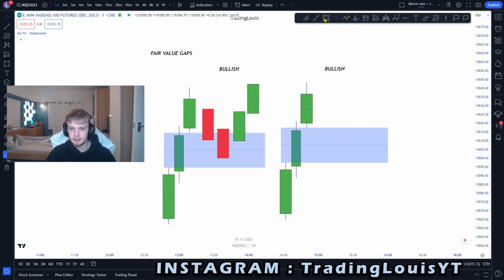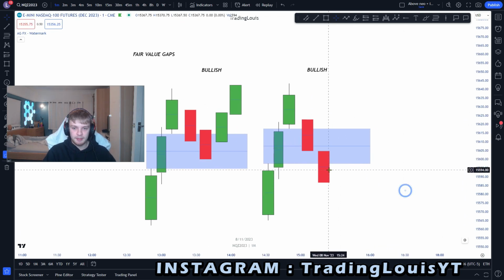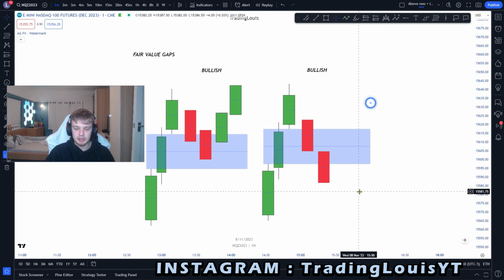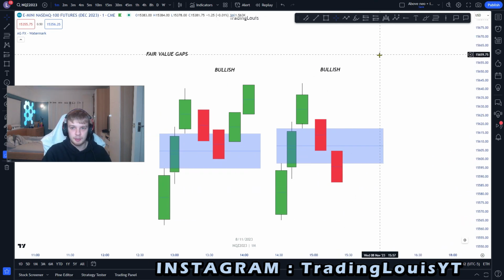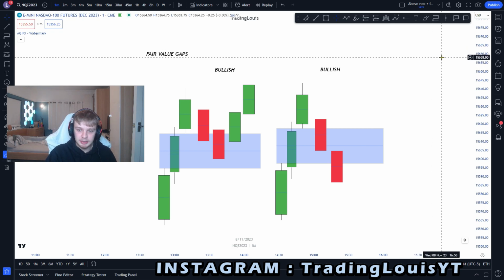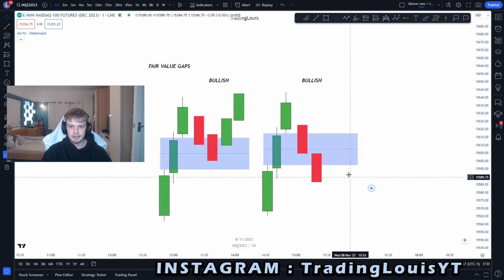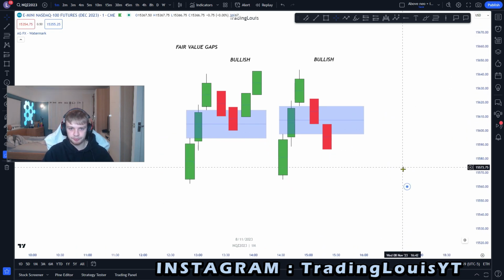Now if price is bullish and we have a major fair value gap, and then instead of price coming down and respecting this fair value gap, price comes down and violates it, then this price action is no longer as bullish as I thought. Don't get me wrong, price can still come up to the upside, but it would just give me more conviction that price is no longer bullish.